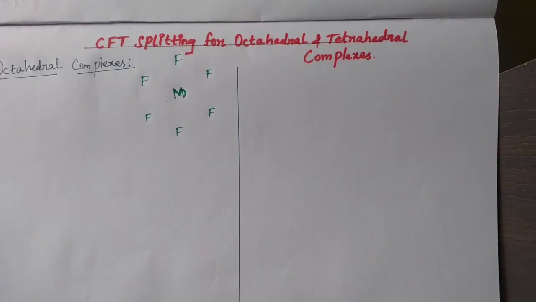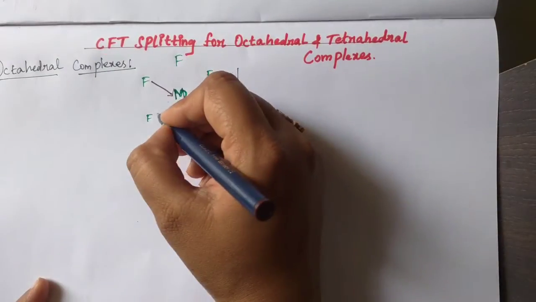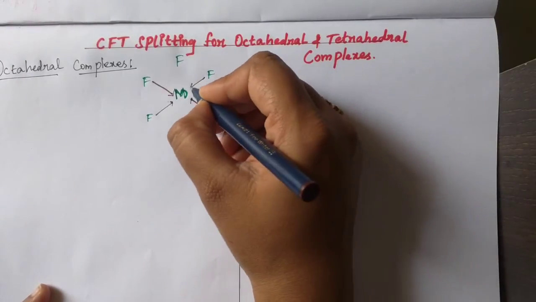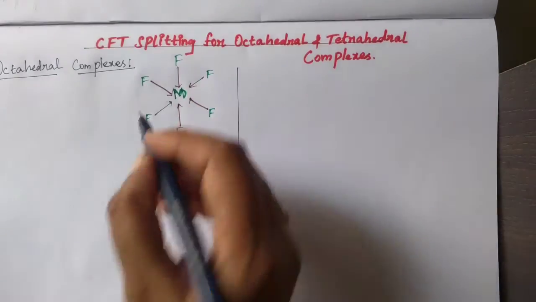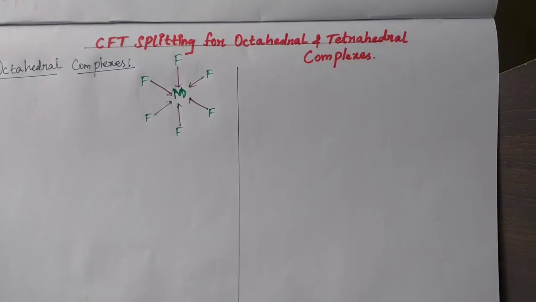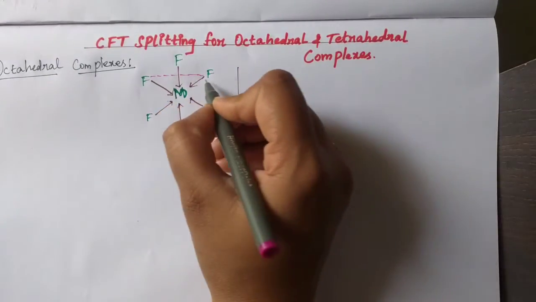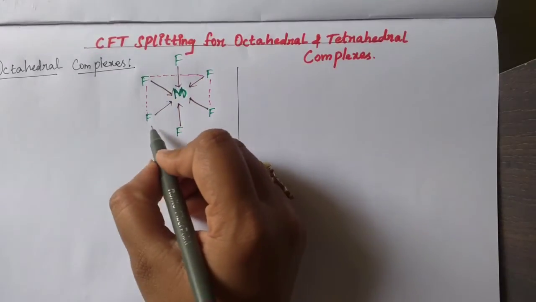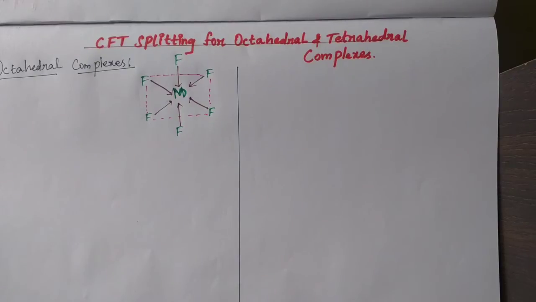Totally 6 ligands are approaching the metal ion, so it's donating electrons. Okay students, if you join this, you will get the octahedral structure. So this is the octahedral structure, students.